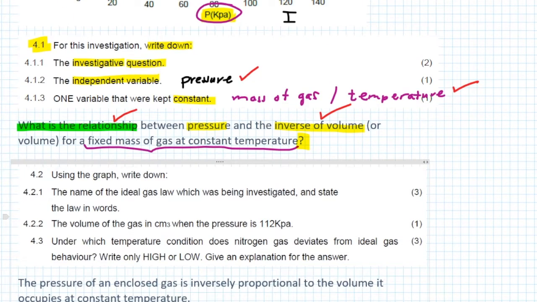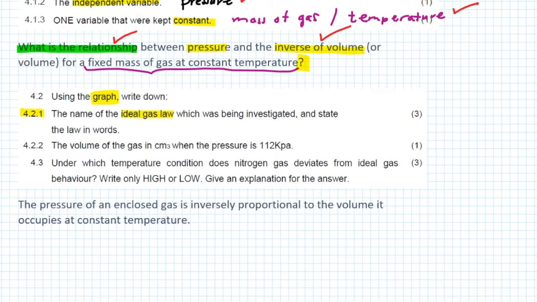Now question 4.2 says, use the graph to write down 4.2.1, the name of the ideal gas law which was being investigated, and state the law. The ideal gas law that is being investigated here is Boyle's law. For writing down Boyle's law, you're going to obtain 1 mark.